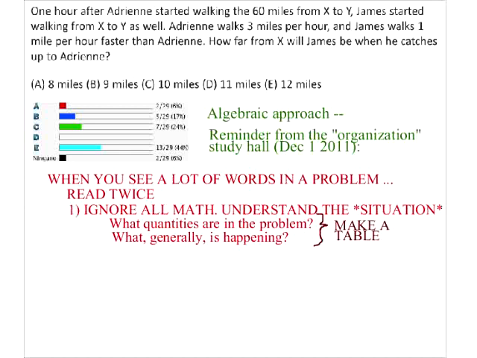Like it's always rate times time equals distance. But in any word problem, you should make a table before you even start looking at any mathematics at all. So there's that: what quantities are in the problem and what's going on. Now, once you do that, you should go back and then start using math.